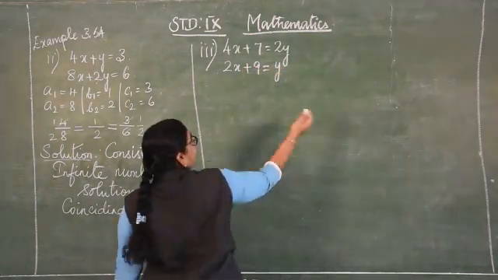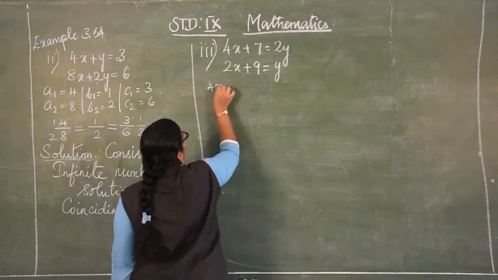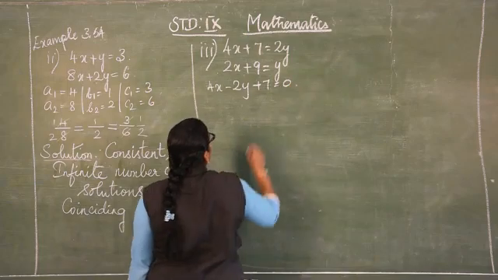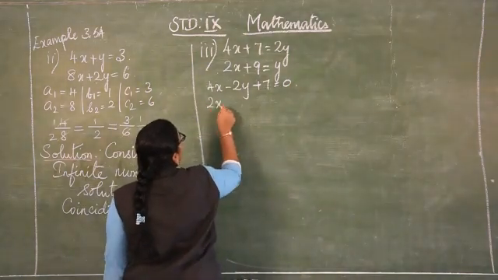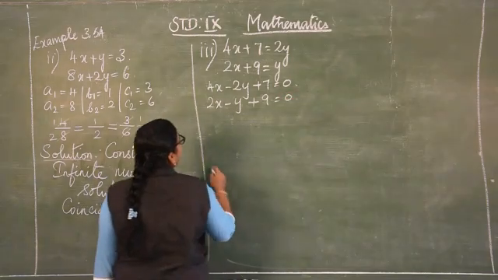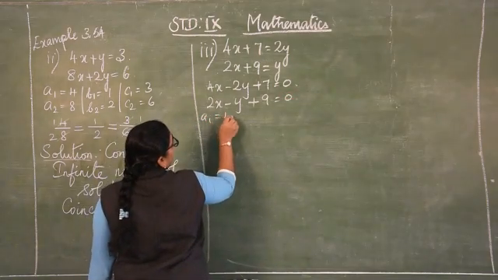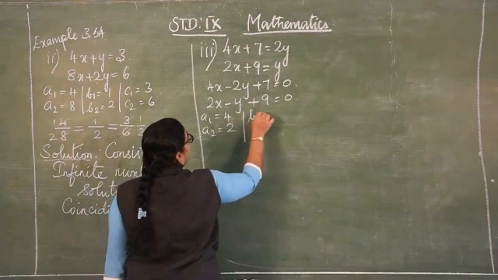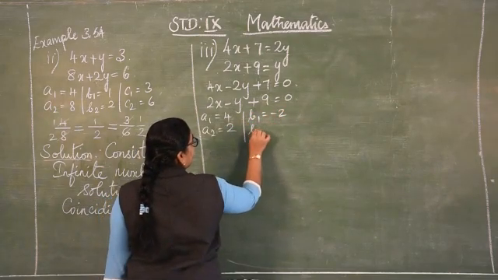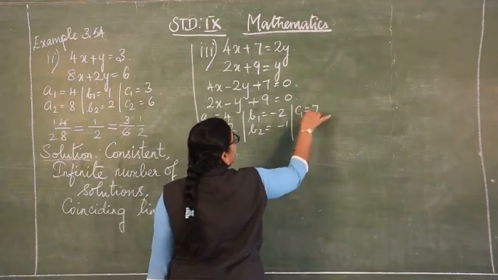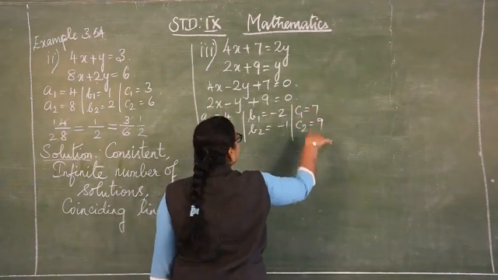So we represent everything on one side. 4x minus 2y plus 7 is equal to 0, and 2x minus y plus 9 equal to 0. Then a1 is equal to 4, a2 is equal to 2, b1 is equal to minus 2, b2 is equal to minus 1, c1 is equal to 7, c2 is equal to 9.